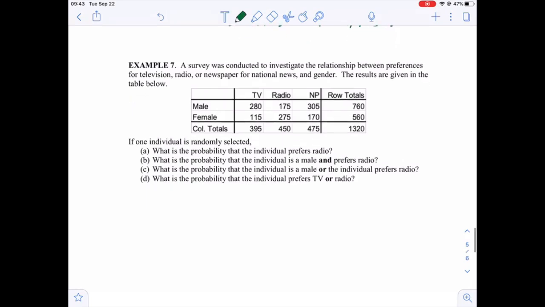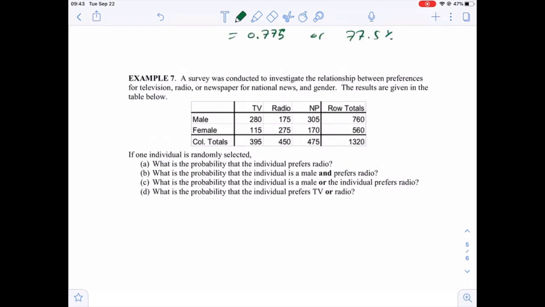Now the last example in this lecture is the following example. We are given a table that represents a survey conducted to investigate the relationship between preferences for television, radio, or newspaper for national news and genders. Here we have genders, and here we have three national news resources, and then we find the sums.